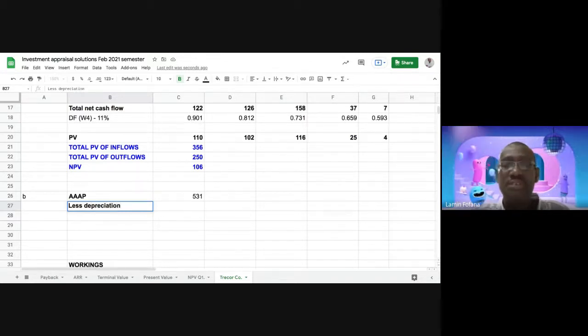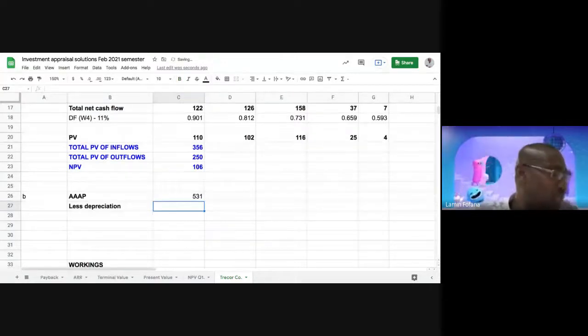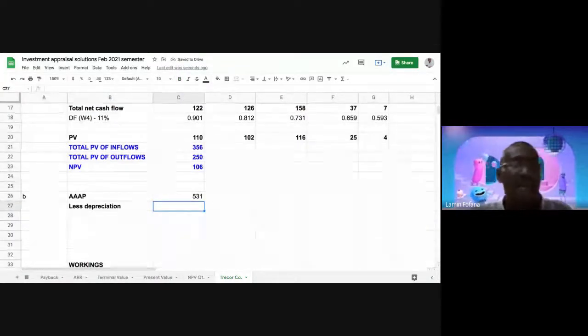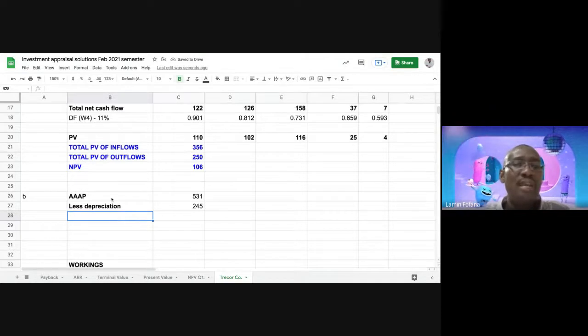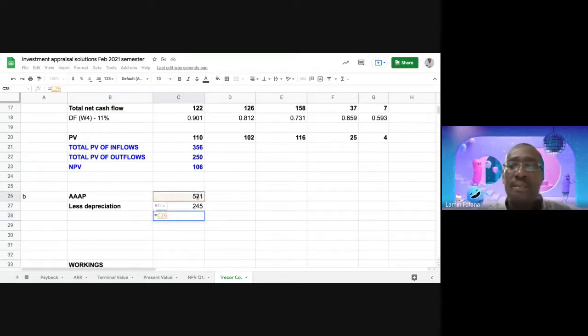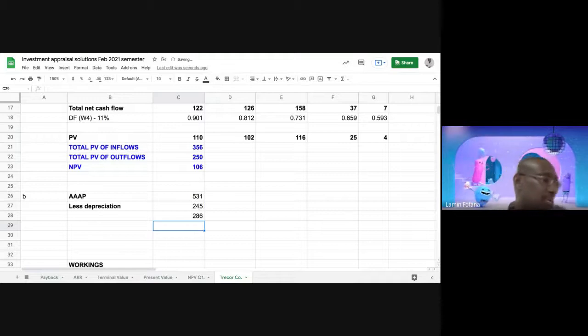Our depreciation will be what? 250,000 is the total of the asset, less 5,000 is the scrap value. So we have 245. So our average annual accounting profit will be this minus that. So that will be 286,000.